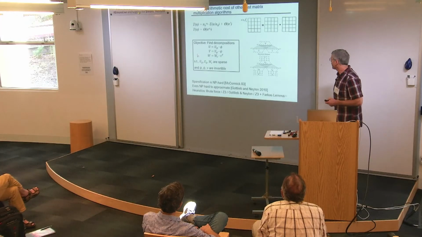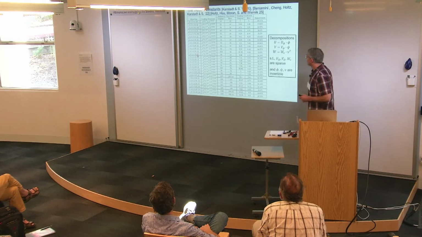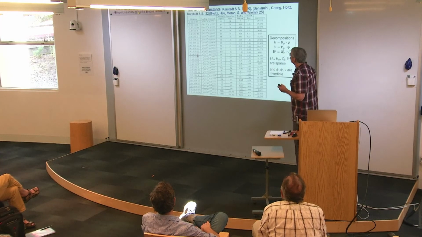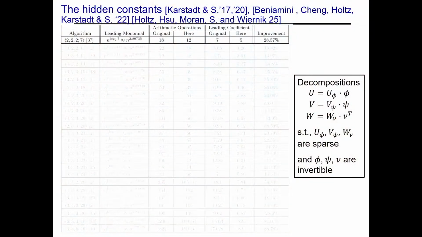Okay, so what do we see here? Let me focus on the first line. The first column stands for the tensor decomposition, the algorithm. So this is Strassen's, 2 by 2 by 2, decomposed into 7 rank 1 or using 7 multiplications.